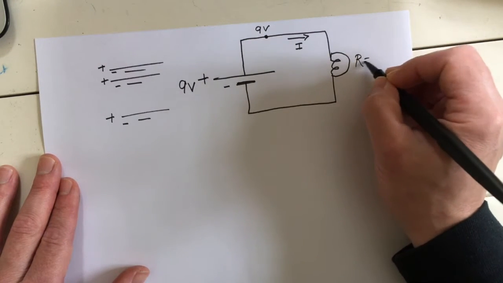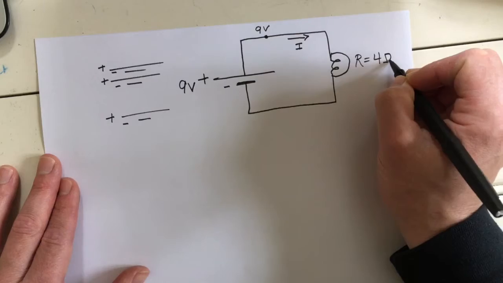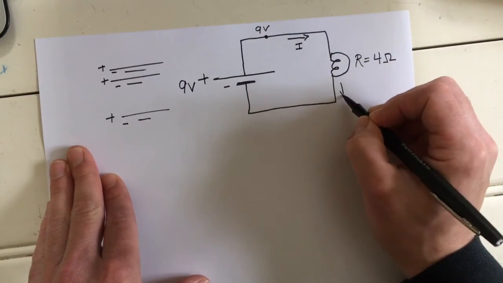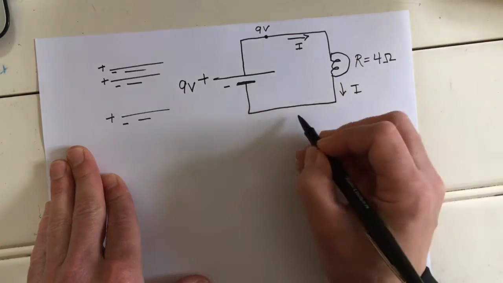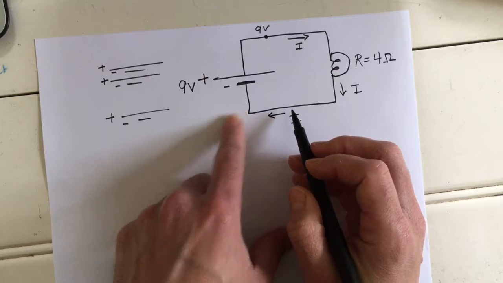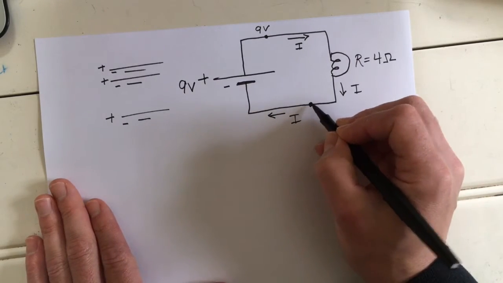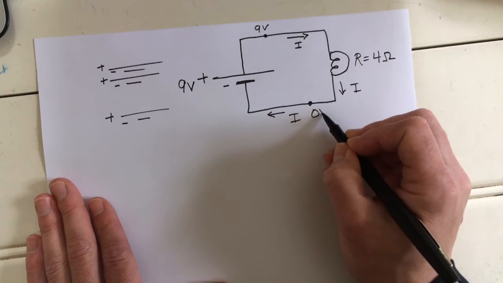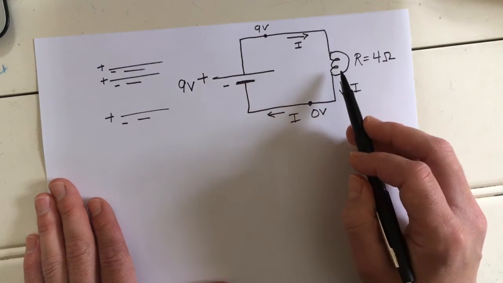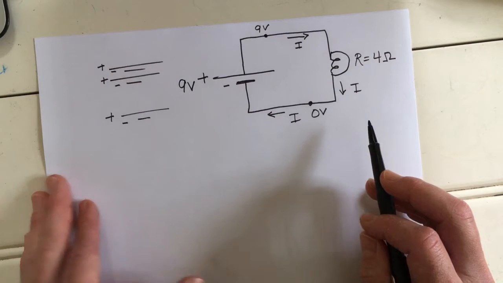So we'll say R equals 4 ohms. And then this charge is going to keep moving this way, all the way back to the battery. And if we measured the voltage here, it would be 0 volts. So what we're seeing is the voltage is spent at the resistor.